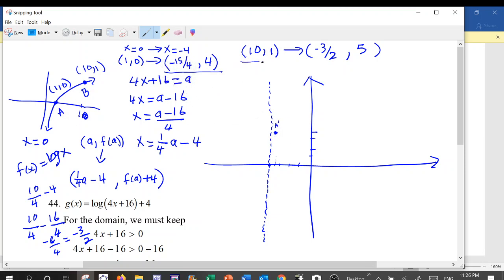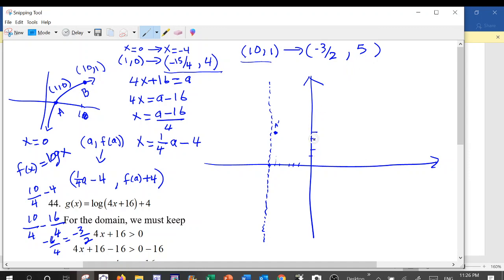And then for (10, 1), we have to go to (negative 3/2, 5). So that's negative 1 and 1/2, so it's going to be over here. Right there, that's the x coordinate. And the y coordinate is 5.